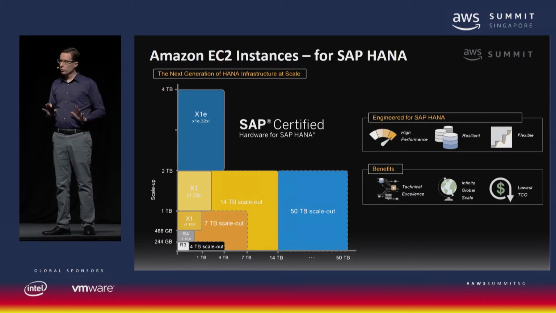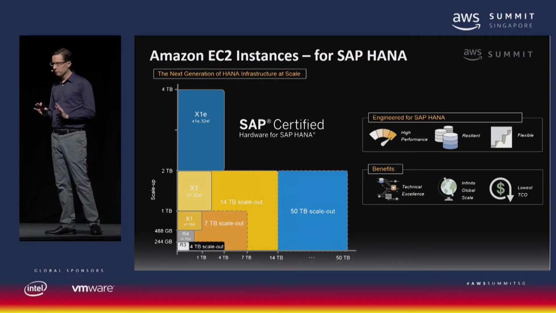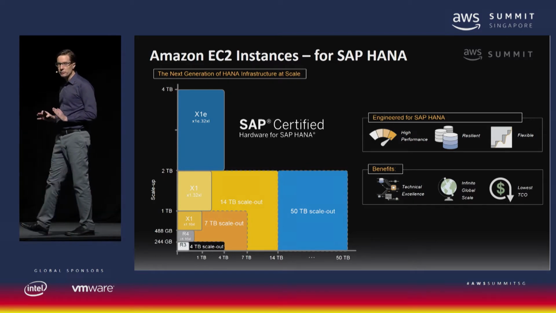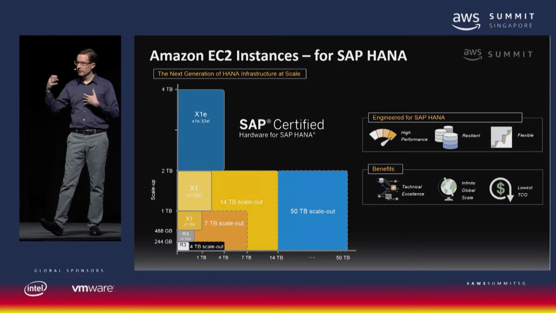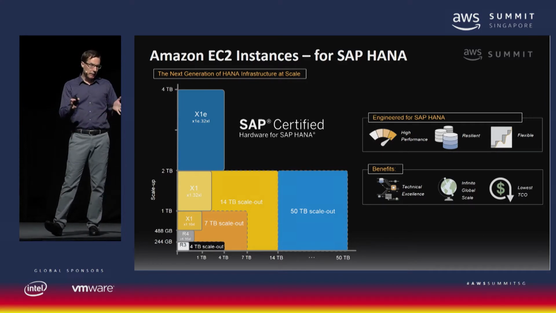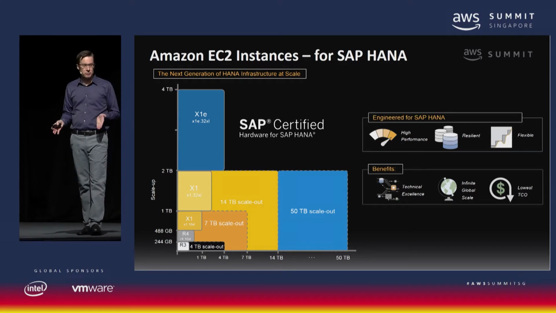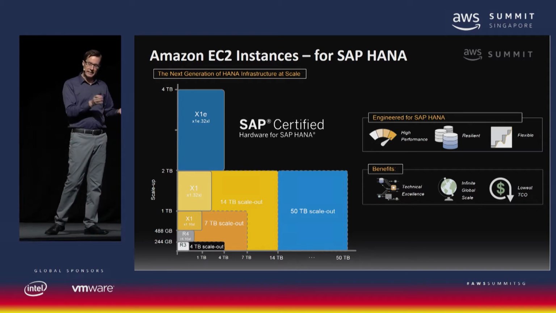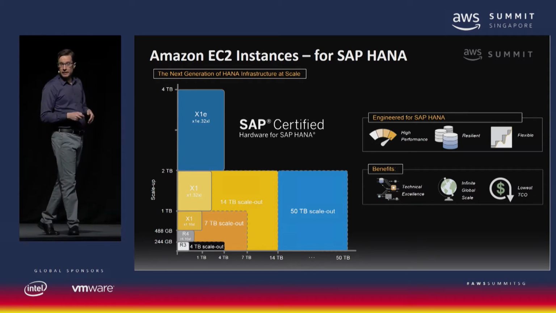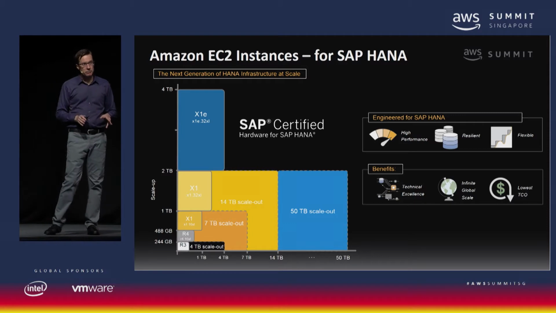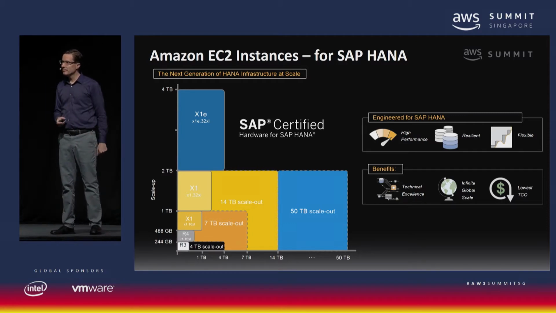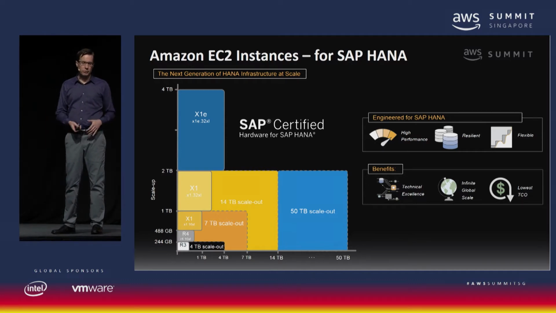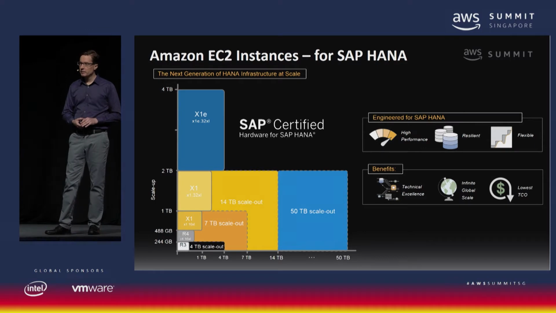So even though our 4 terabyte configuration can handle the majority of the customers that we have out there today, we have focused on adding newer and larger Amazon EC2 instances to our pool of systems. And so that's why we announced last year in 2017 that by the end of 2018, we will have an Amazon EC2 instance that can support up to 16 terabytes of memory within a single physical server. So that will give you quite a bit of scalability.